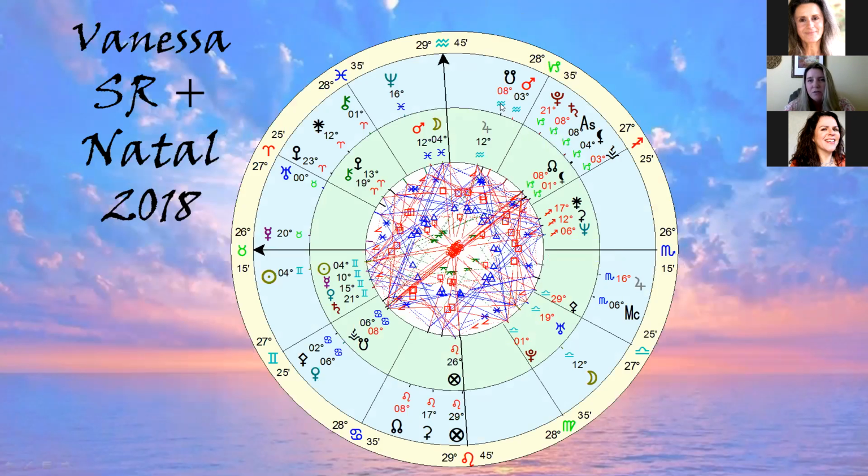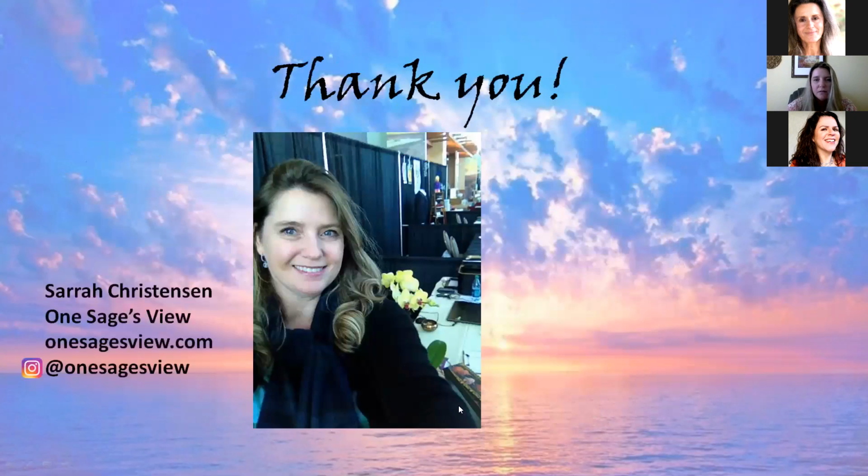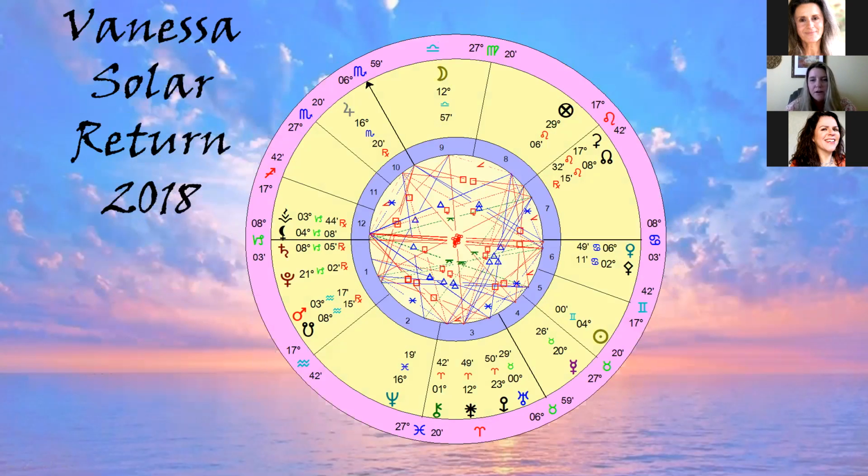But also, I'm going to go back, oops, that way, sorry. Part of this also is looking at the Mars and the South Node in Aquarius, and that is in trine to her Sun.